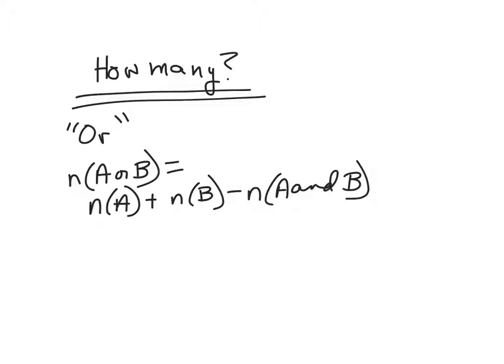And I kept saying, don't try to figure too much of this out on your own. Recognize the kind of problem and immediately go to the appropriate formula. So if it's an or problem, you're going to want to bust out this formula.